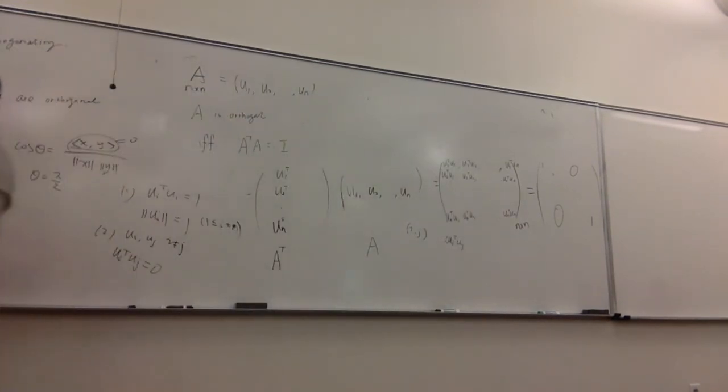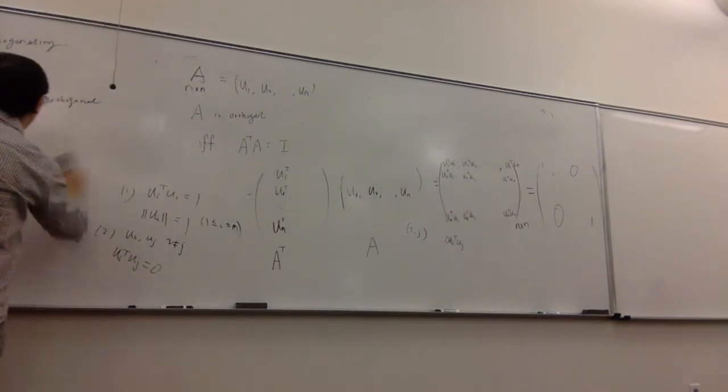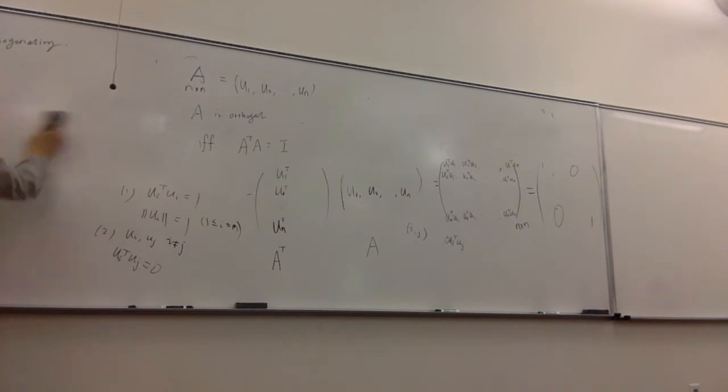And the interesting point is that we know for an orthogonal matrix, A transpose A is the identity matrix.